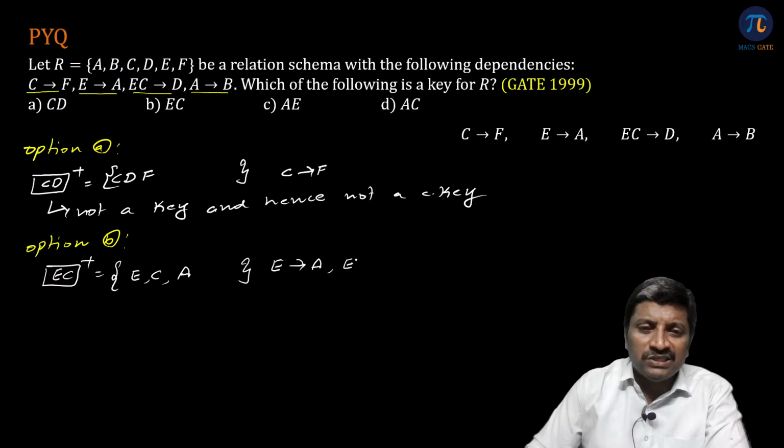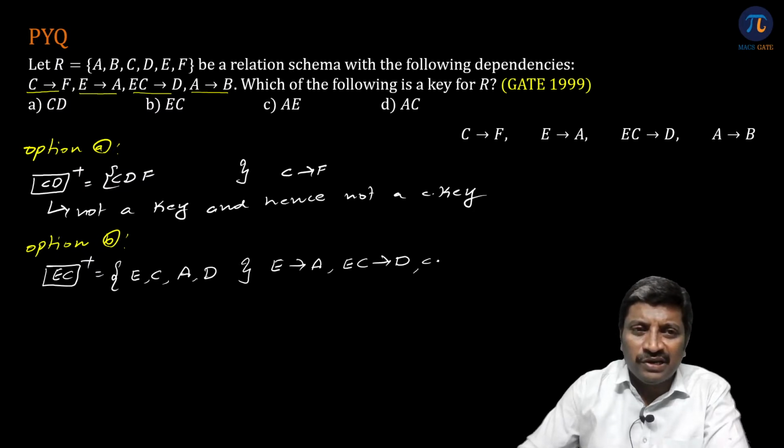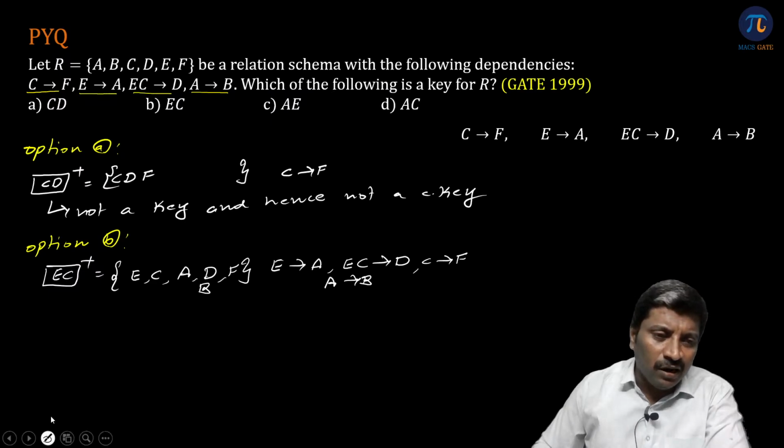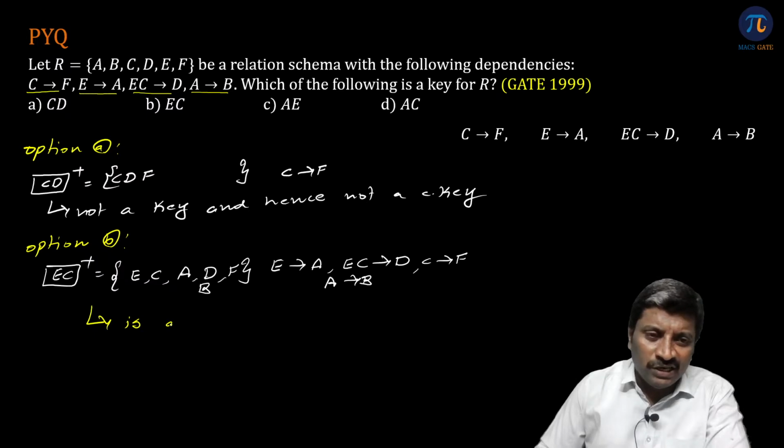With EC, you can get D. Then with the C, you can get F. What about B? With A, you can get B. Sir, please observe it. We got all attributes. So it is a key.